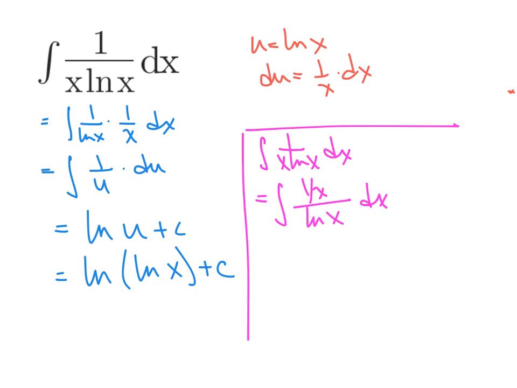Then we see that if my denominator, natural log of x, is f of x, the numerator now is that derivative, f prime. So we are using the natural log rule. It would just be the natural log of our denominator, which is another natural log.